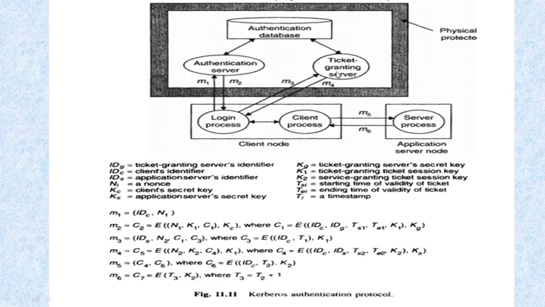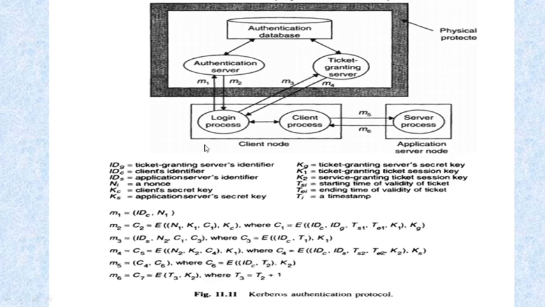This component supplies the tickets to clients in order to establish the communication between client and server. So this is used for issuing tickets. These tickets are used to establish the communication channel between client and server for mutual authentication.